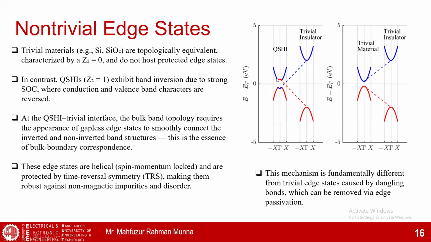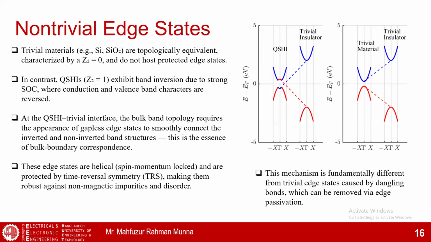So as a result, there is an edge state, and these edge states are highly robust under non-magnetic impurities. They are protected by time reversal symmetry for the case of a quantum spin Hall insulator, and they are helical, that means spin momentum locked.